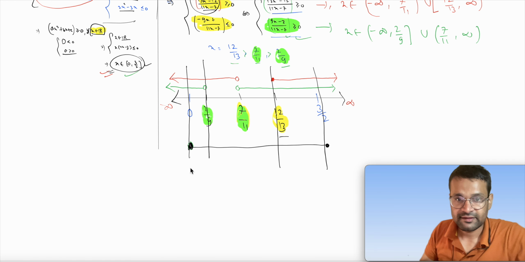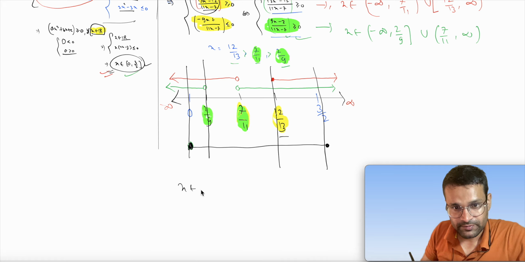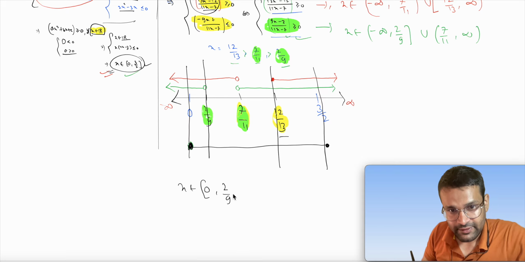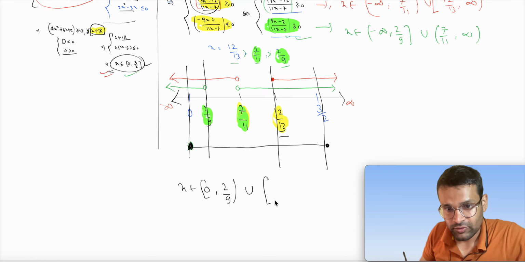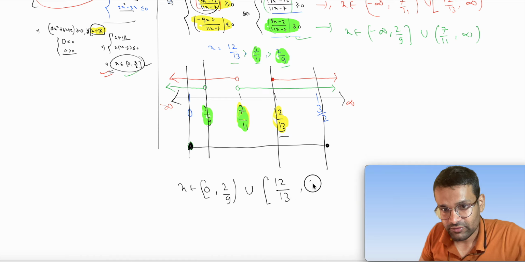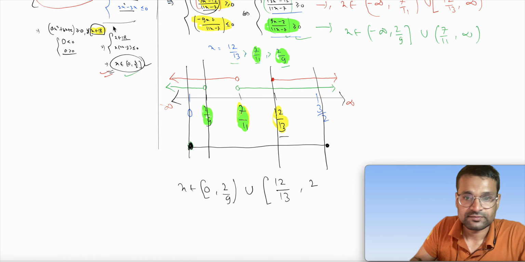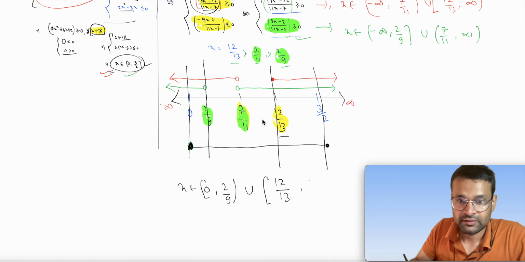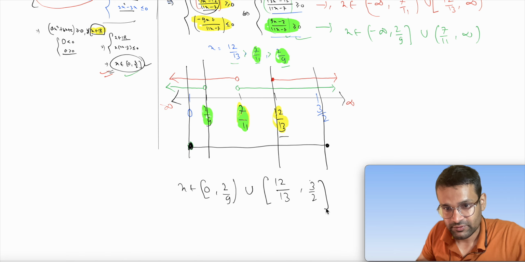So our final answer is x belongs to 0 closed because 0 is closed, 2 by 9 is open, okay, union 12 by 13 is closed, and 3 by 2 is closed.